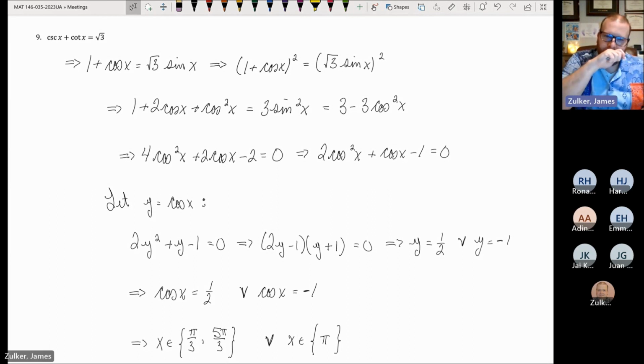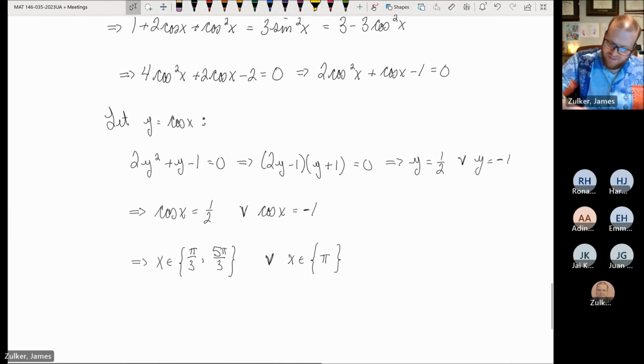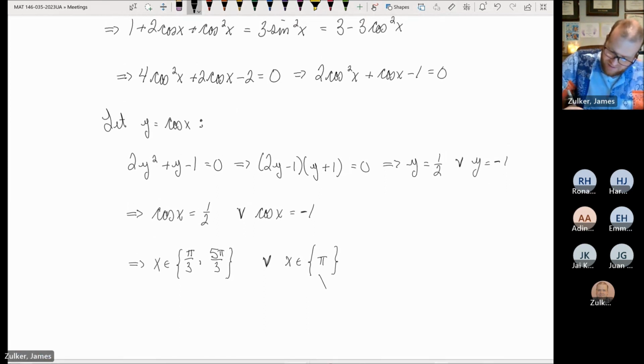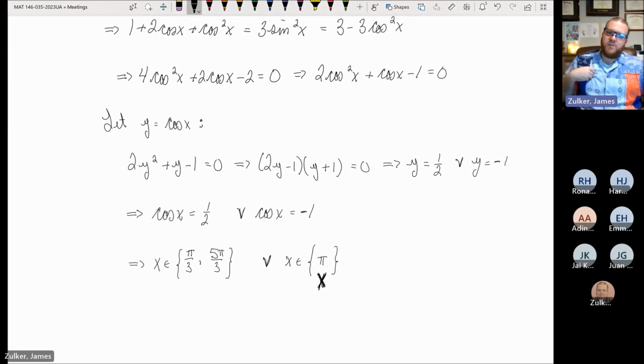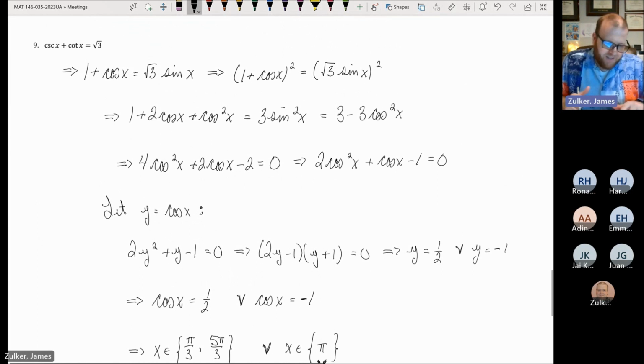Well, pi is not going to work. Because we multiplied through by a sine, we're only allowed to do that as long as it's not 0. And sine of pi is 0. So that doesn't work. What about 5 pi over 3?